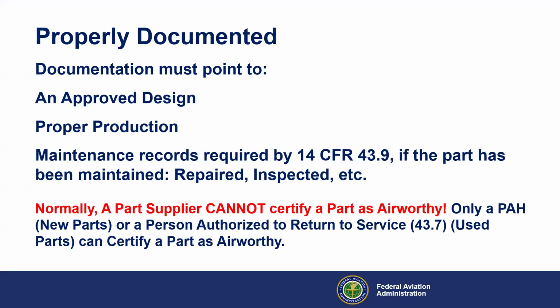So properly documented means the documentation must point to an approved design, proper production, and if the part has been worked on, it's got to have the maintenance records that comply with 43.9. Remember, maintenance means repair, inspection, so forth. You can find the definition of maintenance in 14 CFR 1.1.